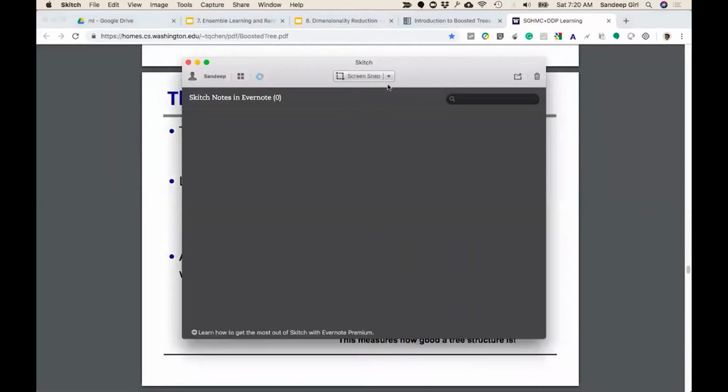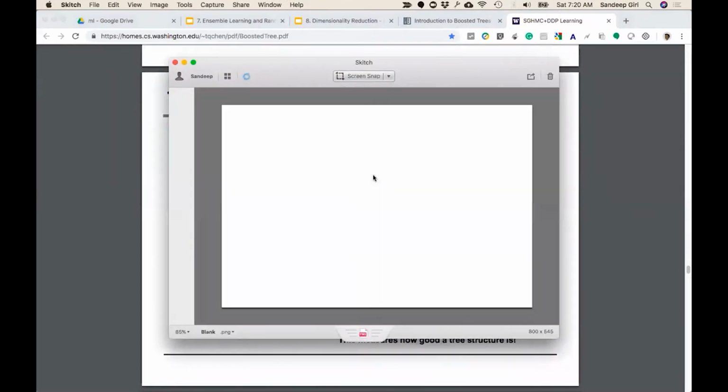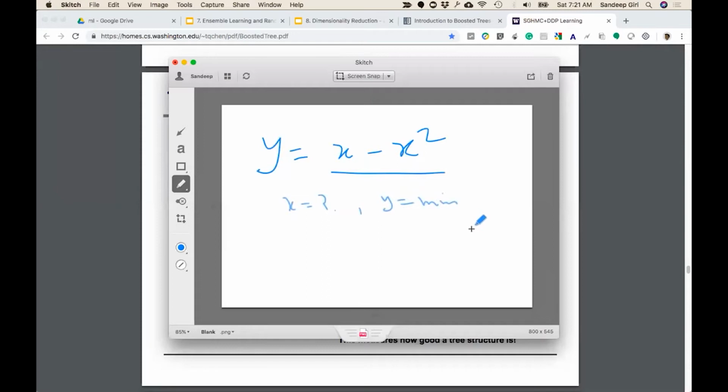Let's say this is your function, which has x minus x square, right? What is the minimum value of this one? Anybody? What is the value of x where y is minimum? Okay, thank you, I'll say it.